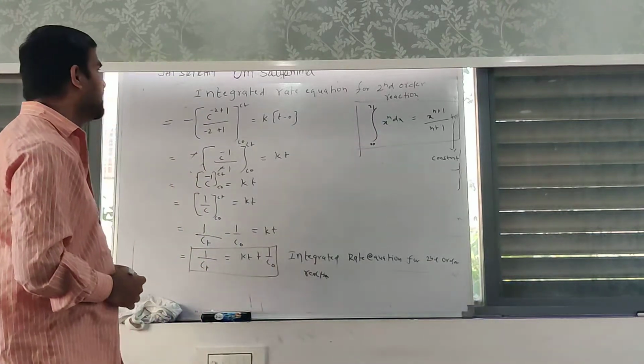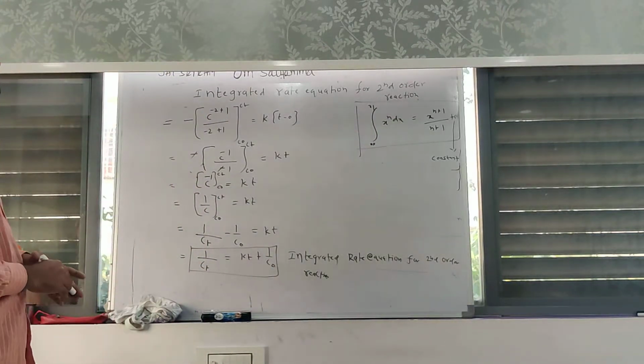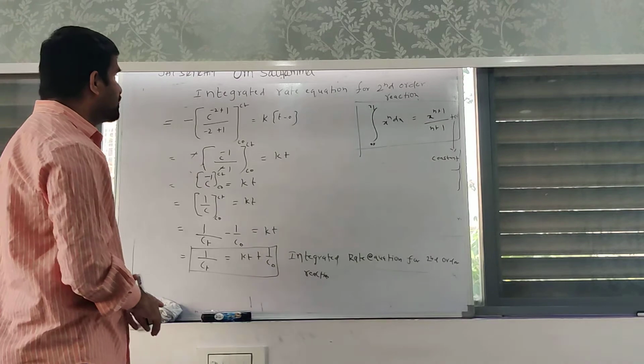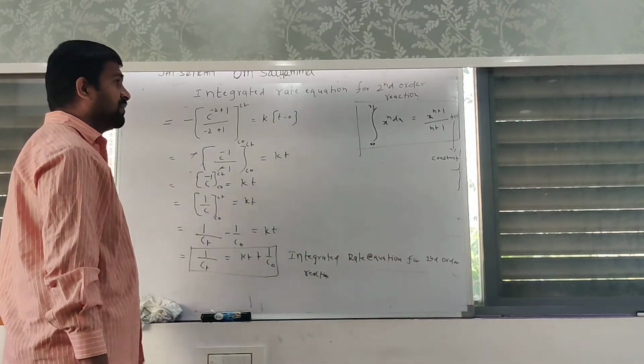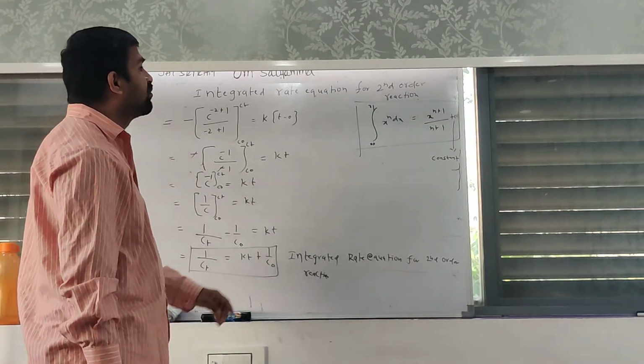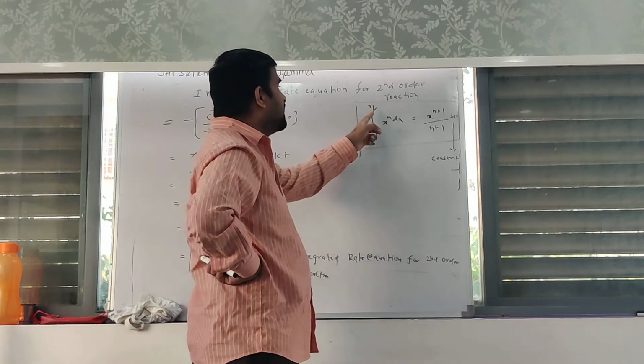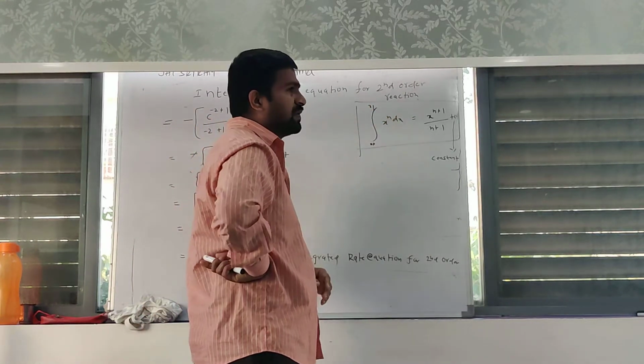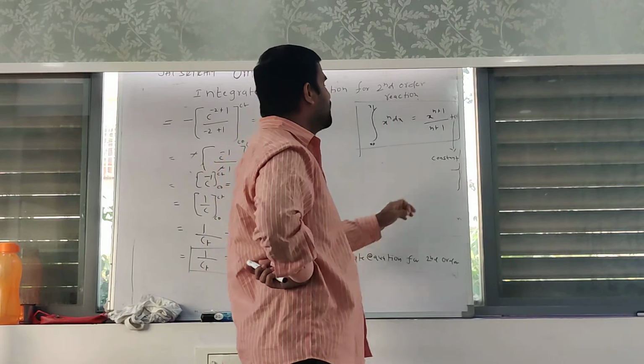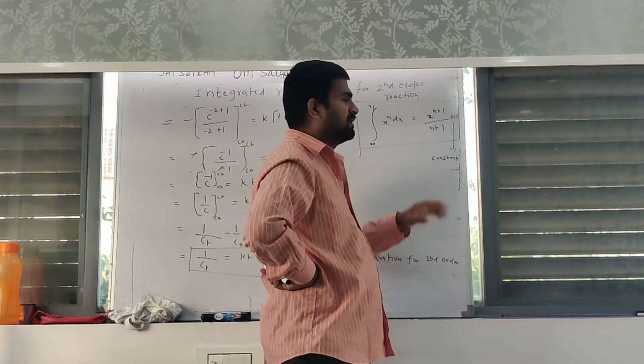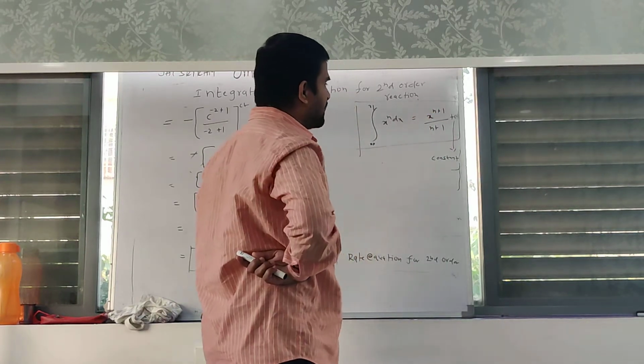This is the integrated rate equation for a second order reaction. You can see equation 4 in the form of integration: the integral of x power n dx is equal to x power n plus 1 by n plus 1, plus c, where c is a constant.